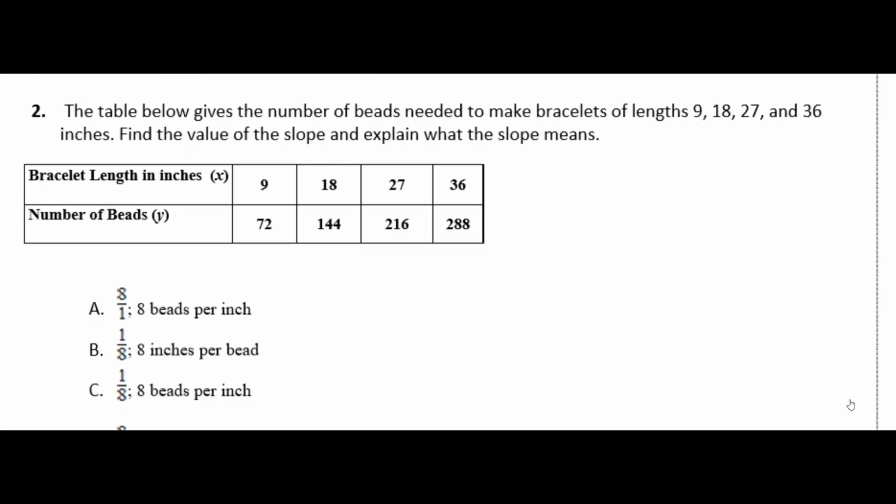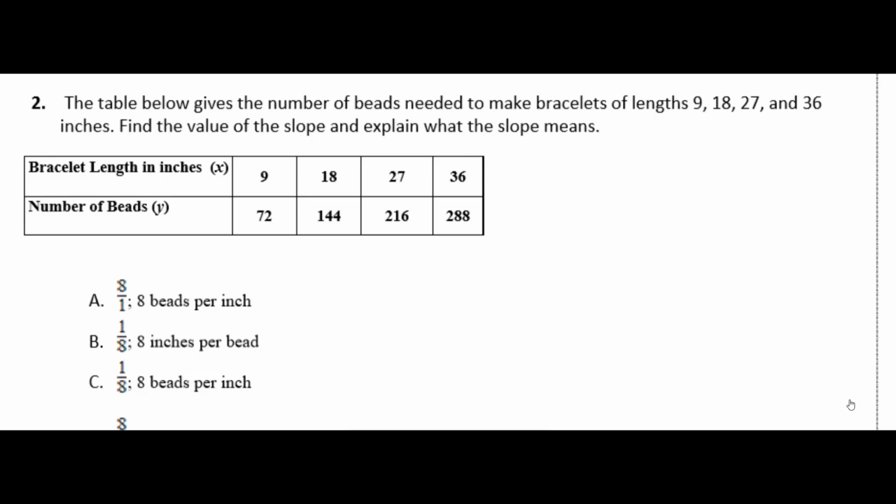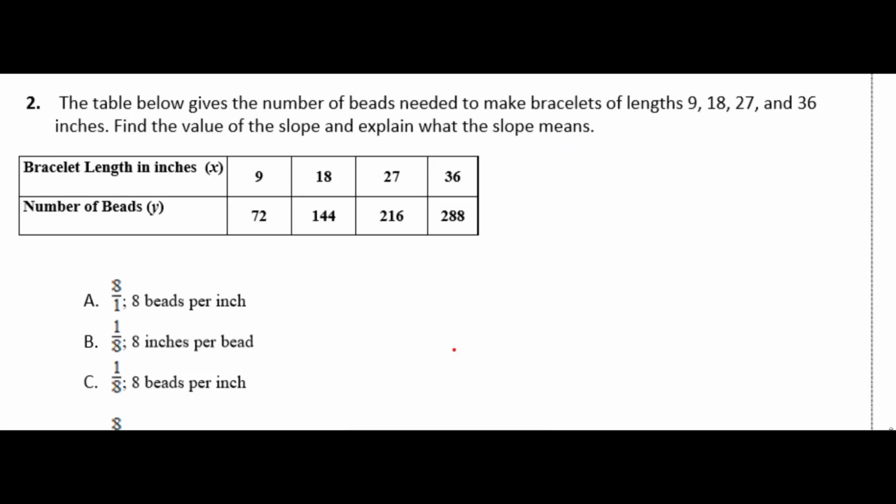Okay, question number 2 here. He said the table below gives the number of beads needed to make bracelets of the lengths 9, 18, 27, and 36 inches. Find the value of the slope. He needs the slope and to explain what the slope means here. Okay, how do we solve it? Slope equals what?